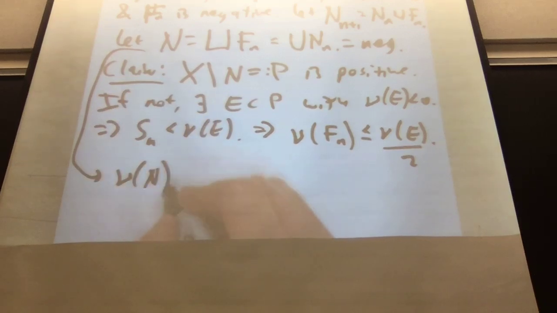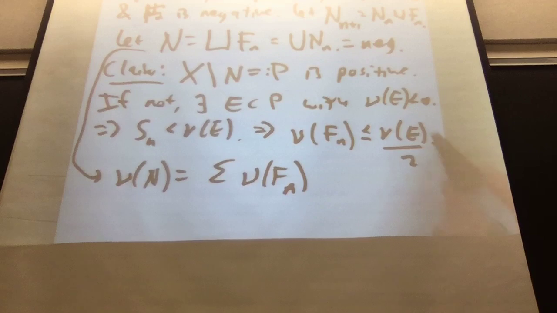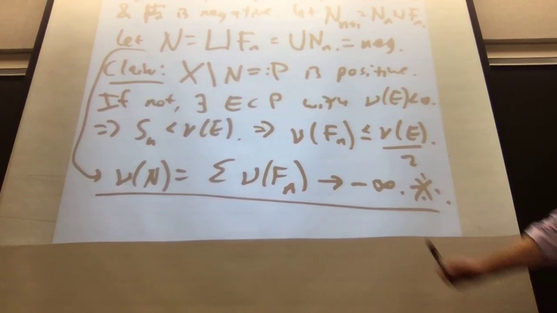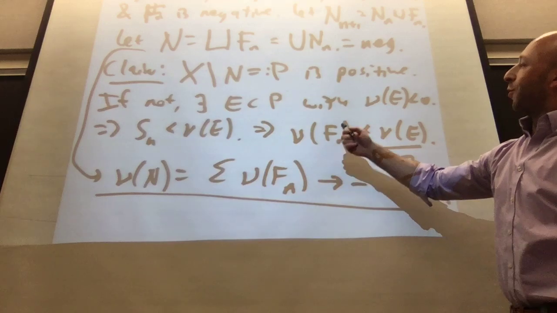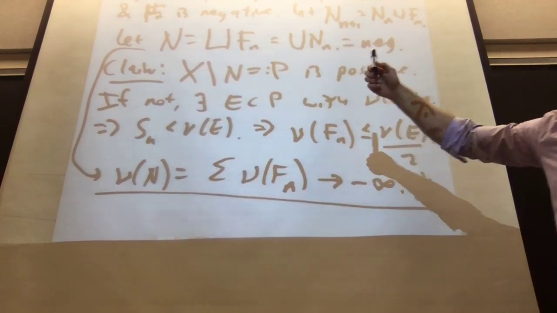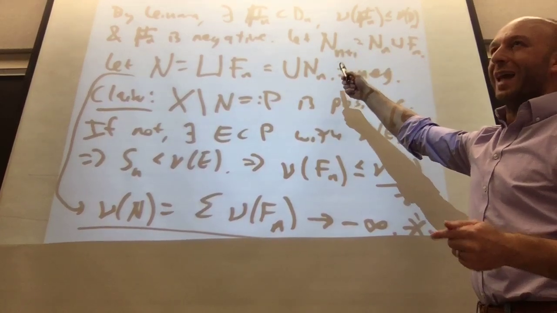Nu of N is equal to the sum of the nu of Fn's, and if this is strictly negative, then this goes to minus infinity, and that is a contradiction. Why is nu of Fn less than nu of E over 2? For the same reason as before, the nu of Fn is at most nu of Dn, and Dn was constructed to have nu at most Sn over 2.